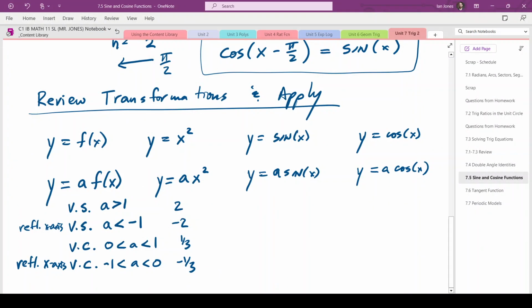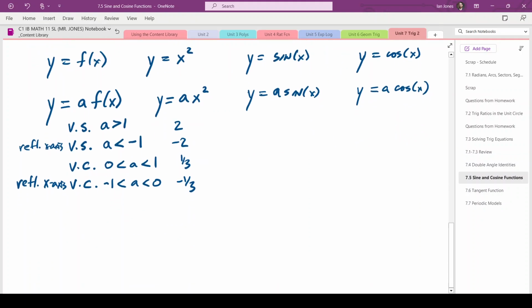So coming back to OneNote, I didn't really write down for h and k, but let's take a look at q. So q is some constant that we're multiplying x by inside the function.